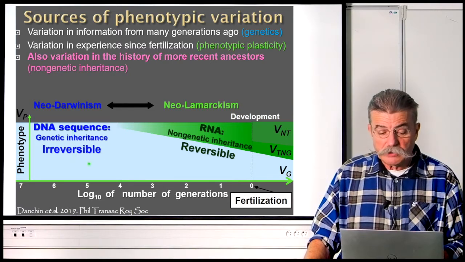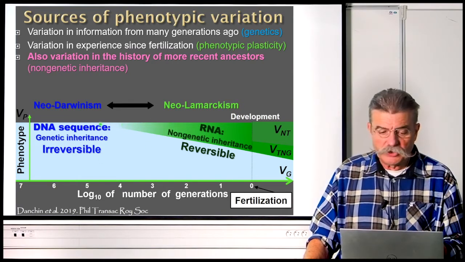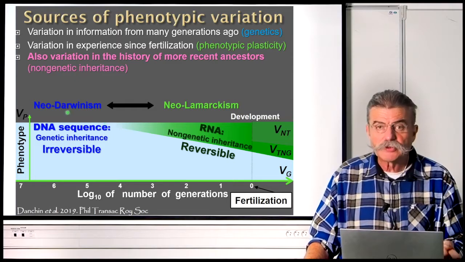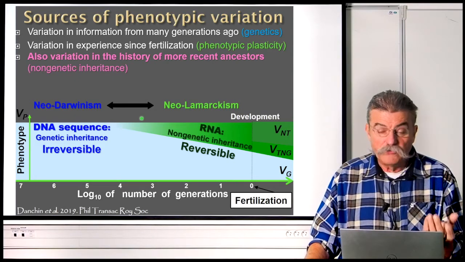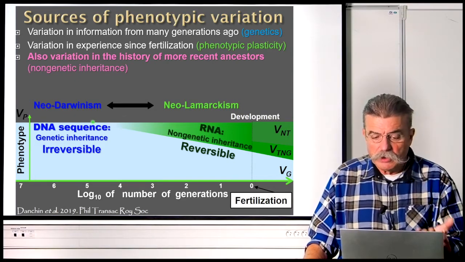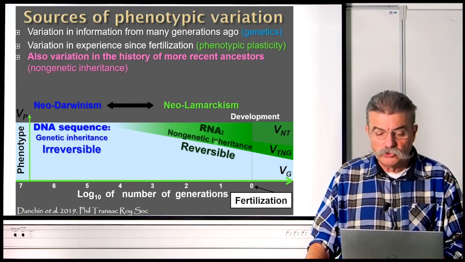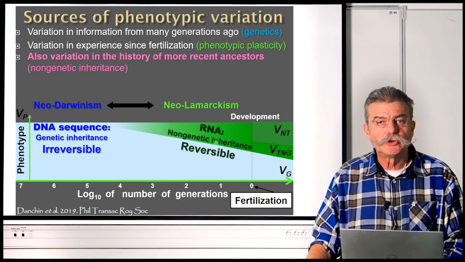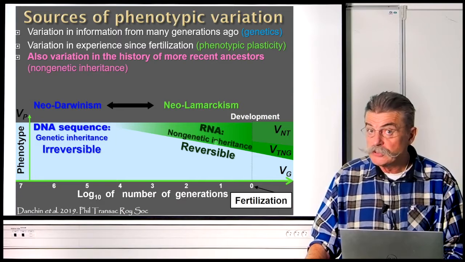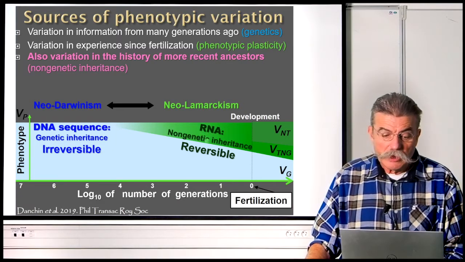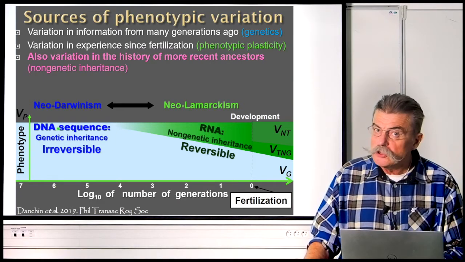And more importantly, these two processes are talking to each other. Obviously, genes can affect and do affect the processes of non-genetic inheritance, but processes of non-genetic inheritance might also facilitate change in DNA sequence.